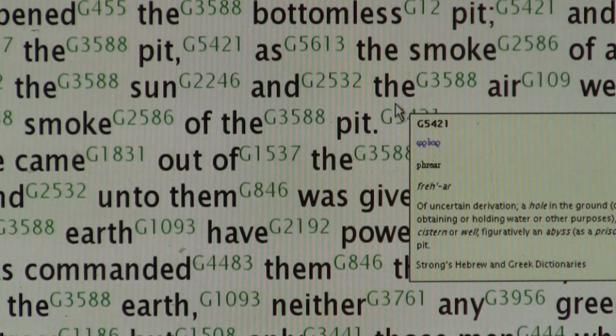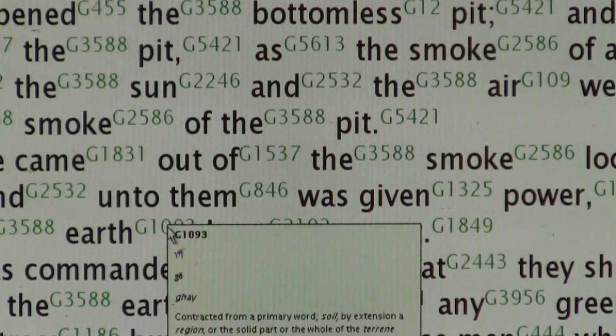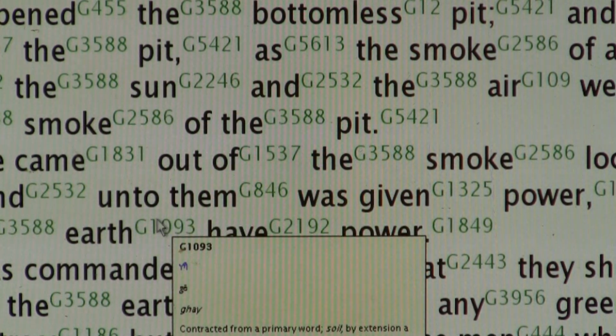that says, of uncertain derivation, a hole in the ground dug for obtaining or holding water or other purposes. That is a cistern, figuratively speaking, an abyss. However, in terminology that has to do with the Bible, these words can take on different understandings.